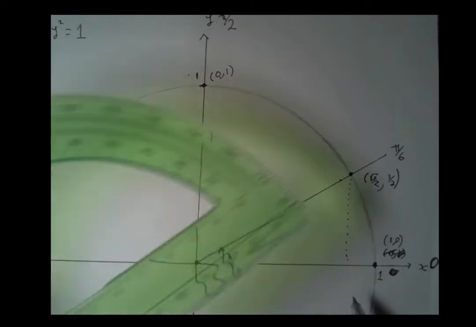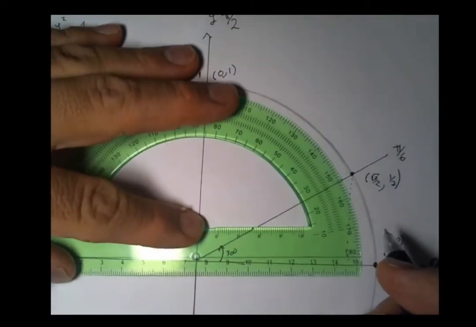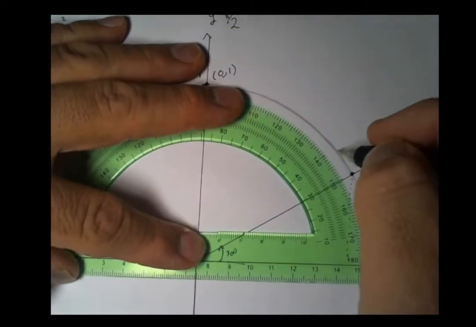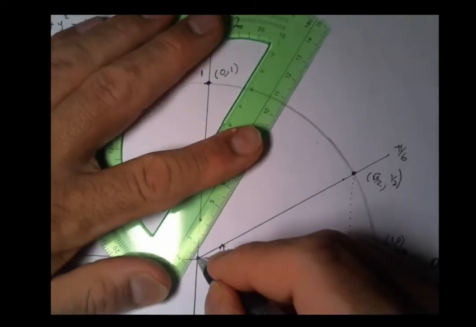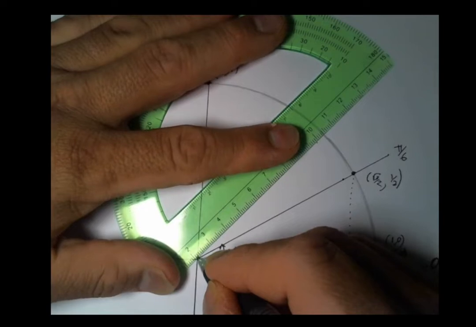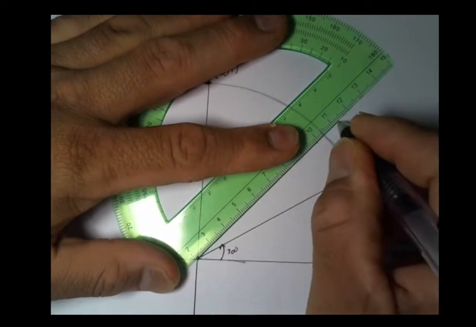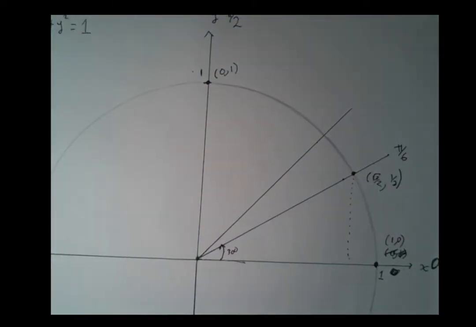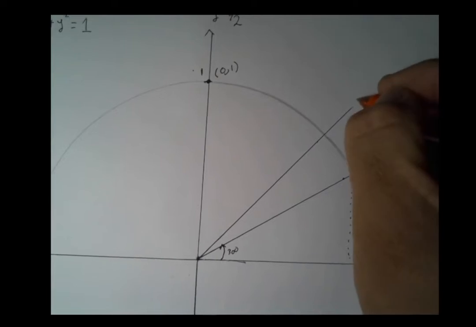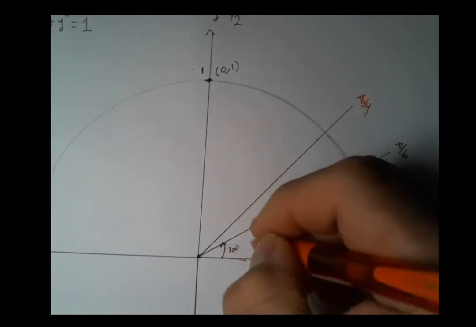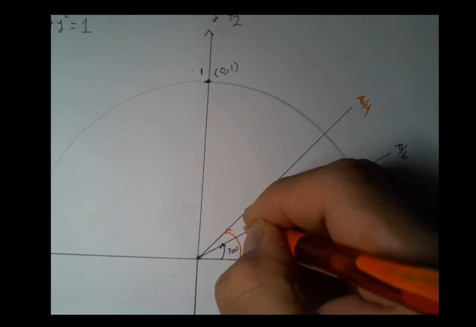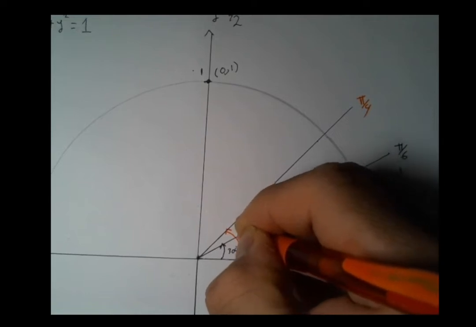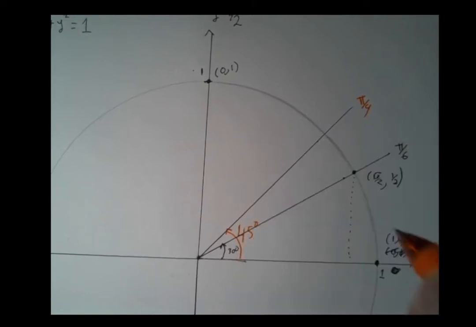Our next special angle is 45 degrees, or pi over 4, and that's around here. That is pi over 4, the angle swept up over here, which is 45 degrees.